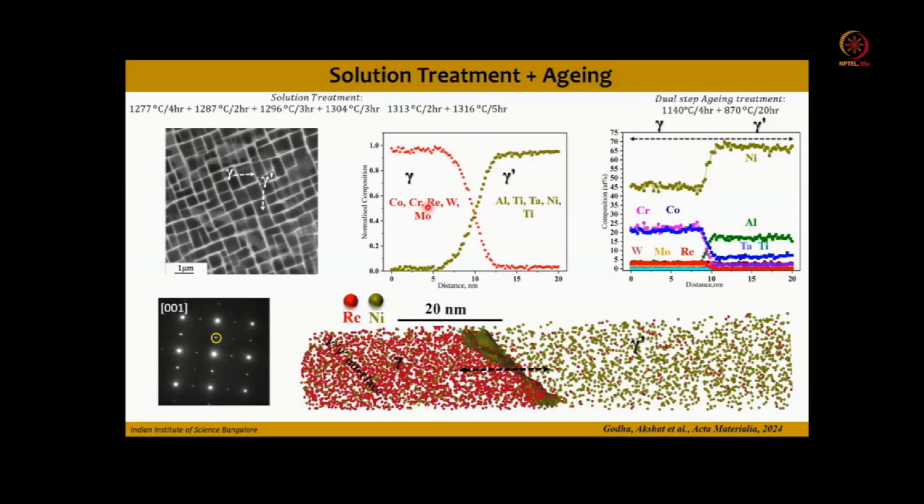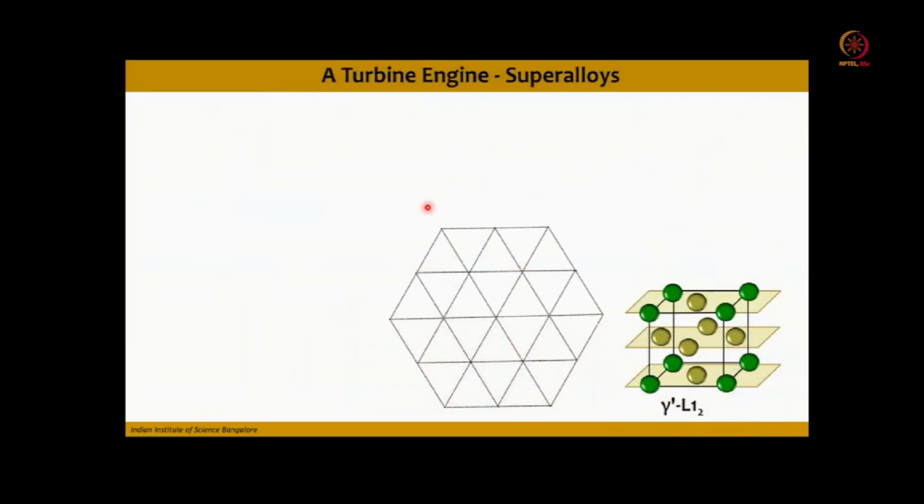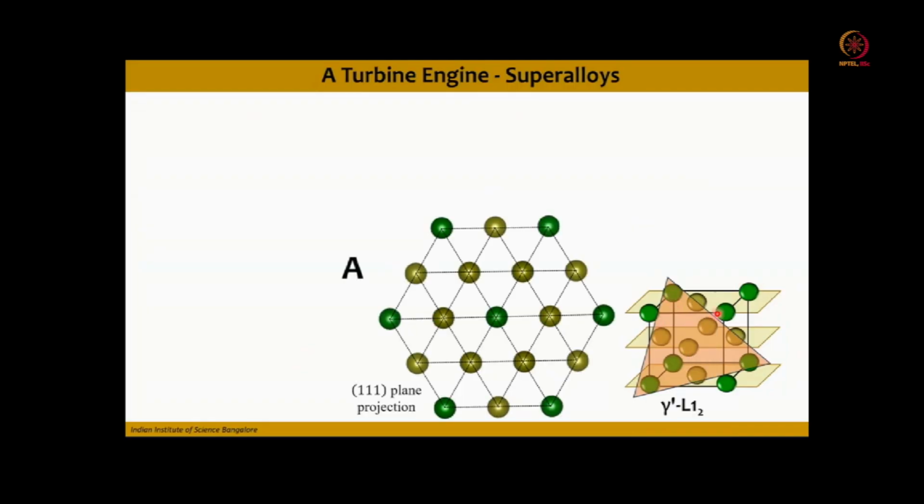Based on the partitioning, these solutes can pin the dislocation movement. Okay, so they can act as a drag force while the dislocation shears the gamma prime. So I'll come to the details of these mechanisms. As I told you about the mechanism, you can see that a typical superalloy has an L12 structure. These are all 100 planes, and if you see the triple one plane in the perpendicular projection, you can see these are the mixed atoms.